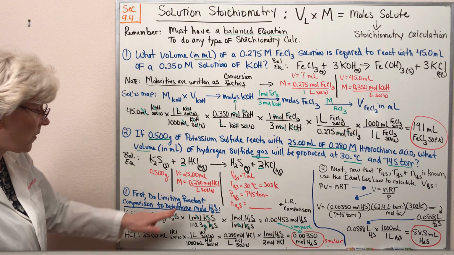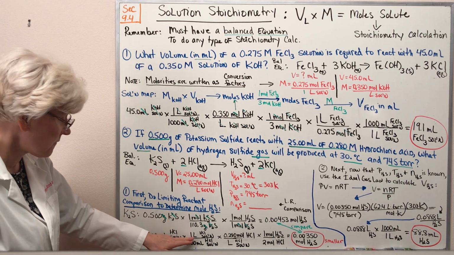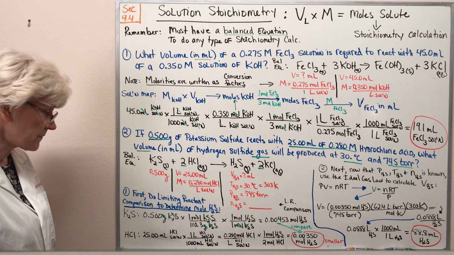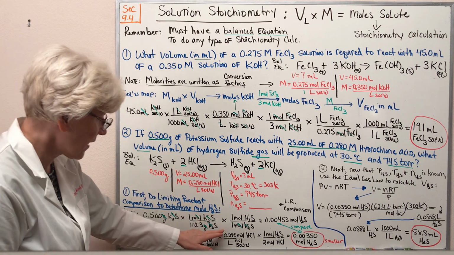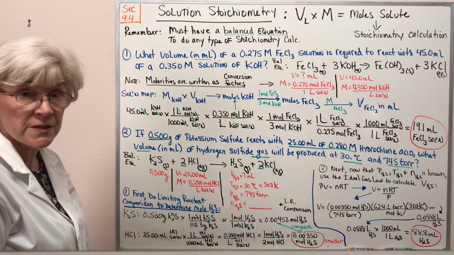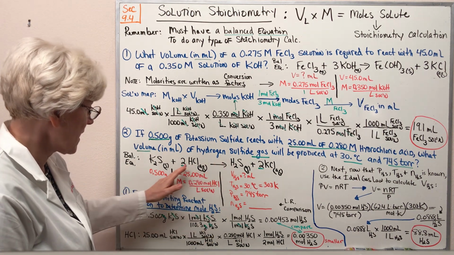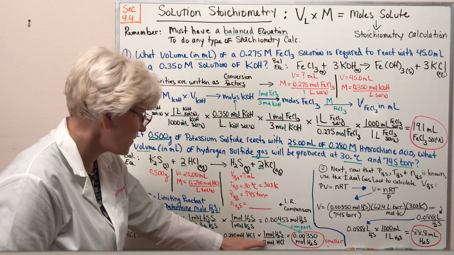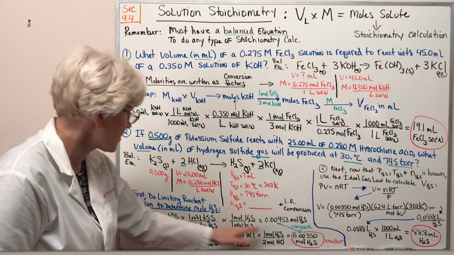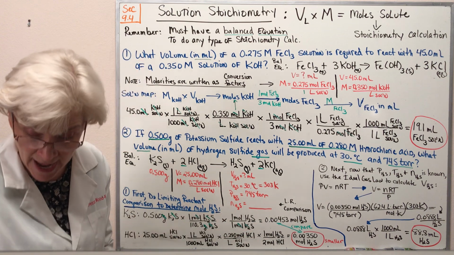So here is my second calculation involved in the limiting reactant comparison. I'm taking the 25 milliliters of hydrochloric acid solution, converting it to liters, and then using the molarity as a conversion factor to calculate moles of hydrochloric acid. Here comes the stoichiometry. 1 mole of hydrogen sulfide is produced for every 2 moles of hydrogen chloride that react.